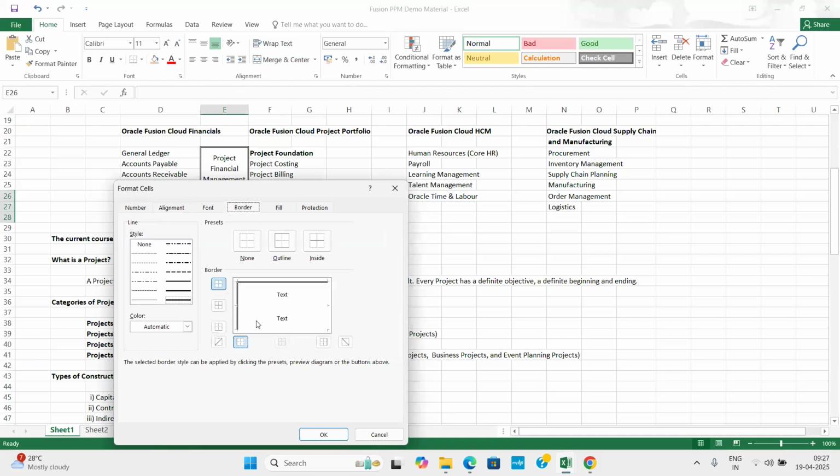So all your WBS and resource allocation will come under the project execution management only.